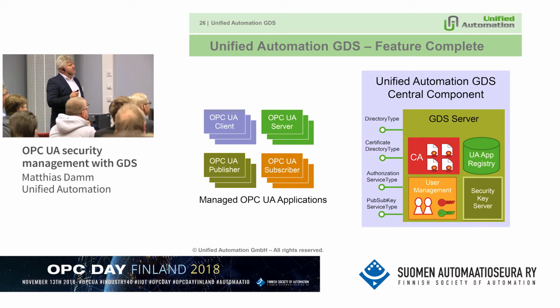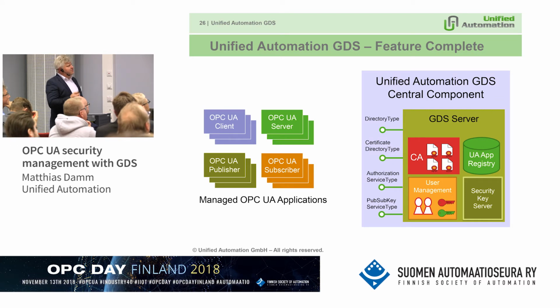So we have to manage the applications: which applications are known in the network and can be trusted? The GDS also allows you a secure discovery. Only what is registered shows up, and registration requires security administrative rights. Also, access to the registry is secured with OPC UA, so you can apply full security also to discovery.